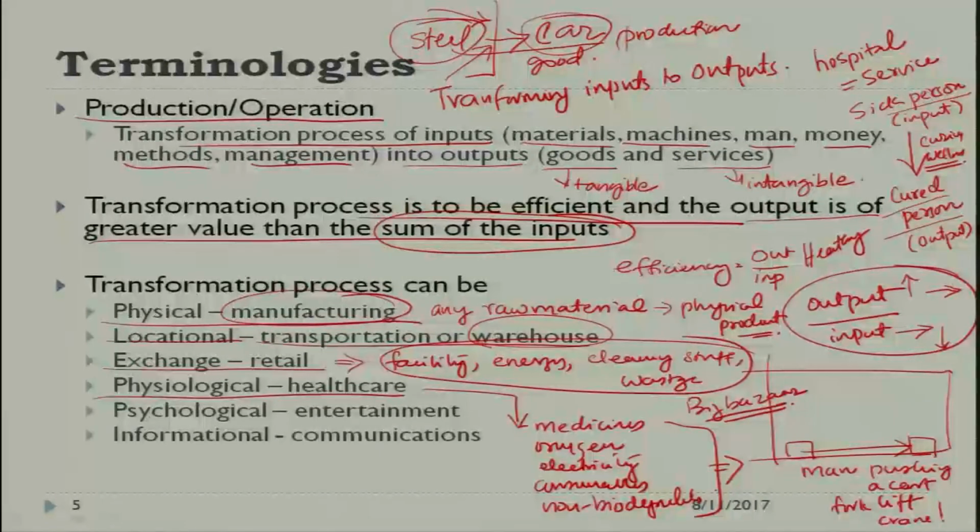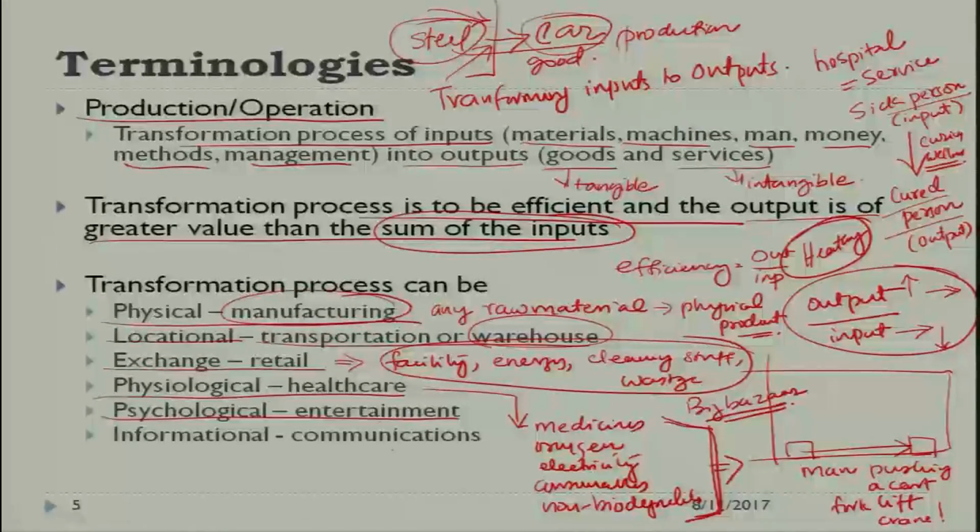If you talk about sustainability in healthcare, we might look into minimizing the usage of these inputs to derive the same output of a healthy person, or find a way that for the same quantity we consume, we convert more sick people into healthy people. Then entertainment, you go for a movie, so a movie theatre is an example. Can we bring the sustainable, green goals into entertainment? Definitely you can do that.